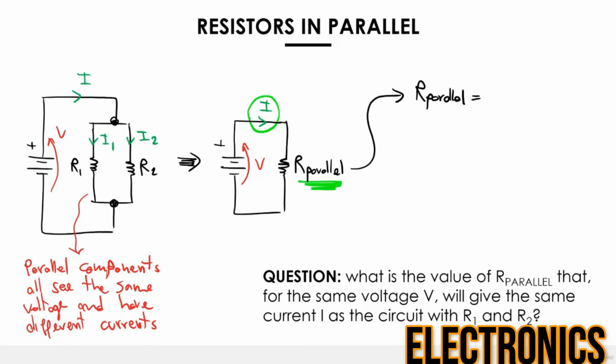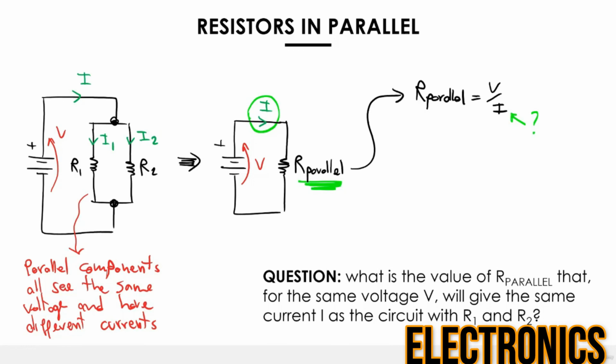R parallel is equal to V divided by I. V is kind of like an input because it is defined by a battery. We don't know its value, but it's a certain number. I is really the unknown here, because I really depends on the resistors R1, R2, and so on.